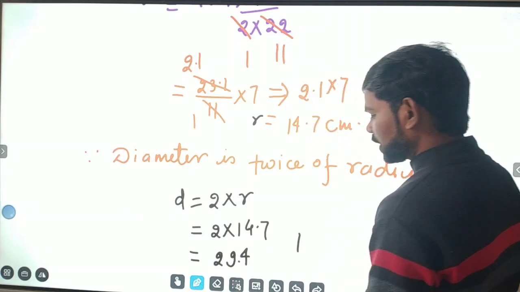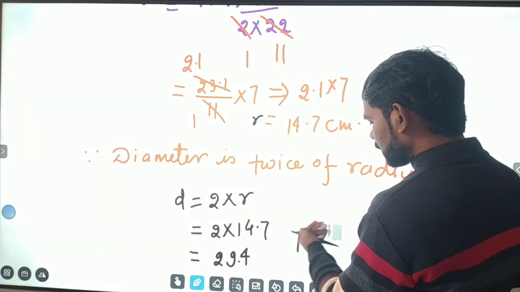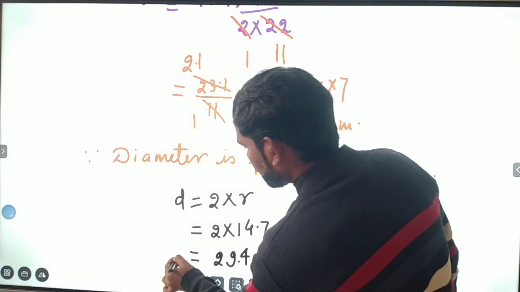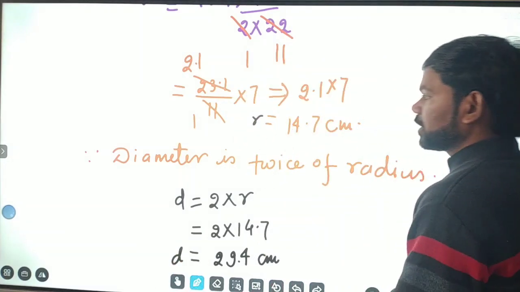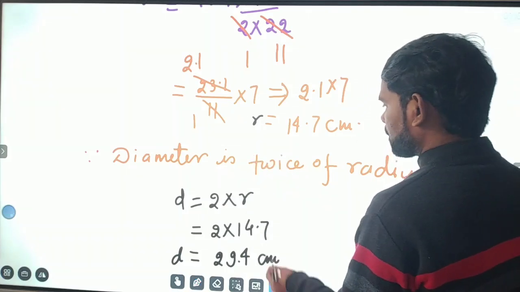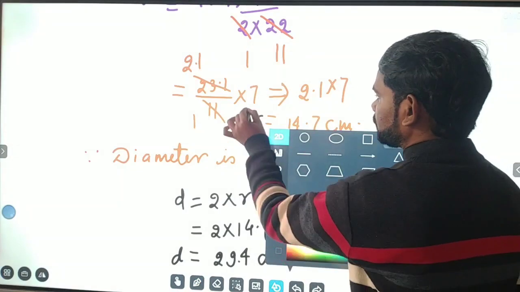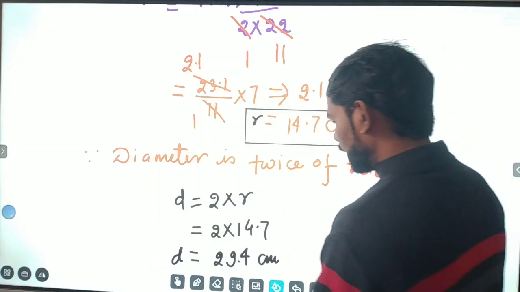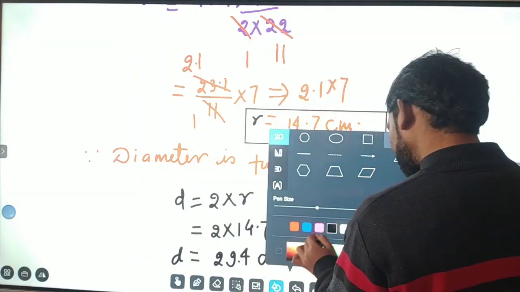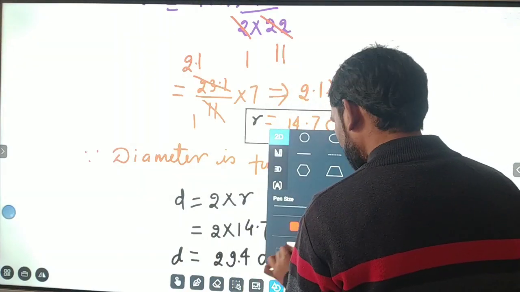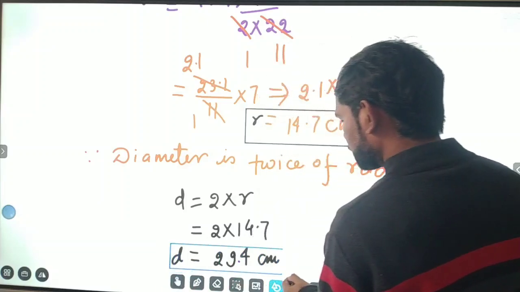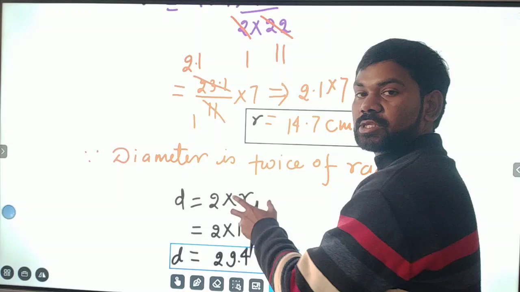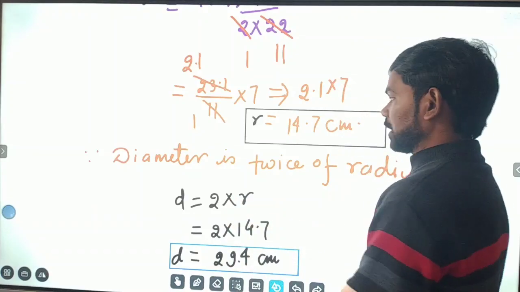So that 29.4 is the diameter of circle. So student, the radius is 14.7 and diameter is 29.4 centimeter. So this is the result of the question.